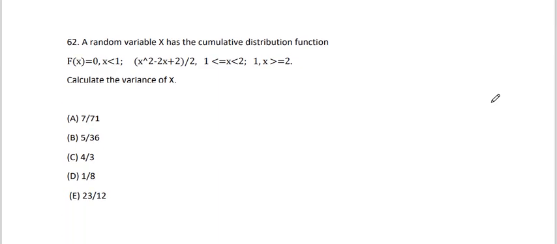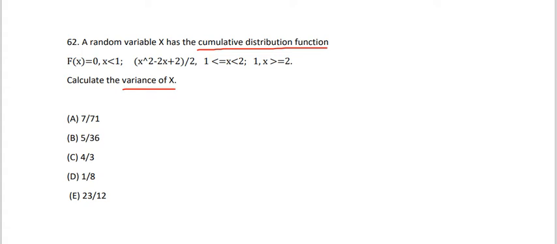So for this problem, we know this x is a cumulative function, not a density function. From this cumulative function, we want to find the variance. To find the variance, we need to know its density function.